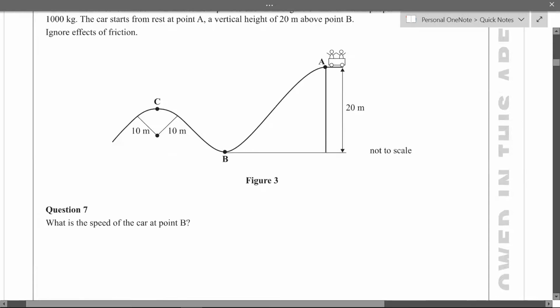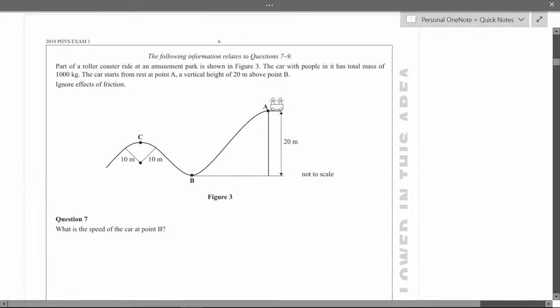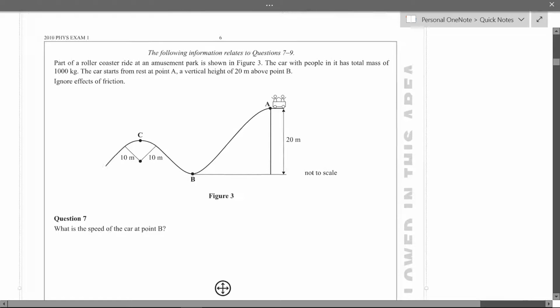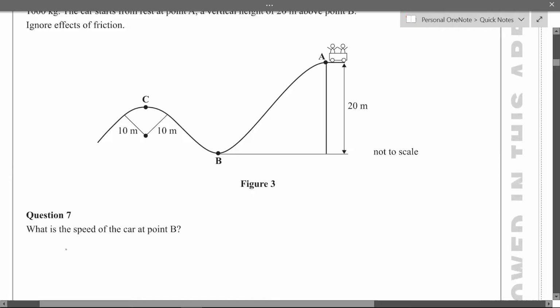So question 7, what's the speed of the car at point B? Since this is a roller coaster question, you can tell you equate the energy, total energy is conserved.